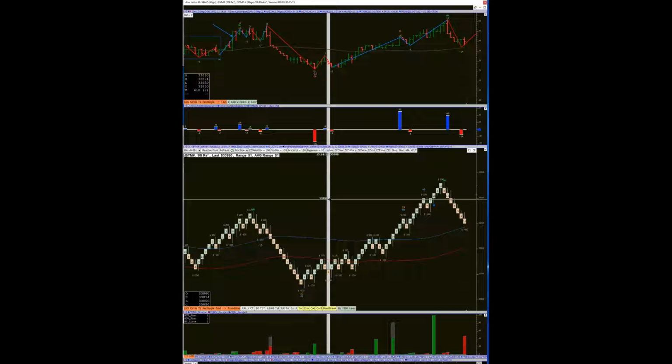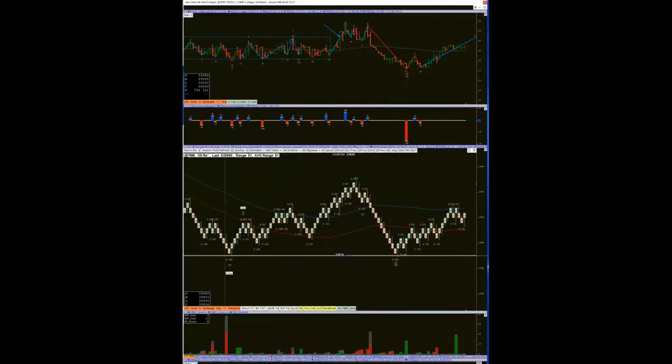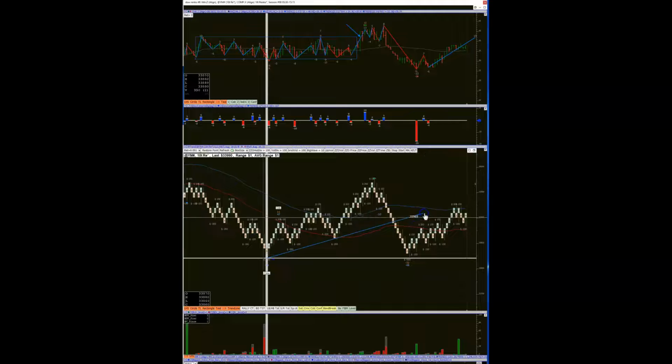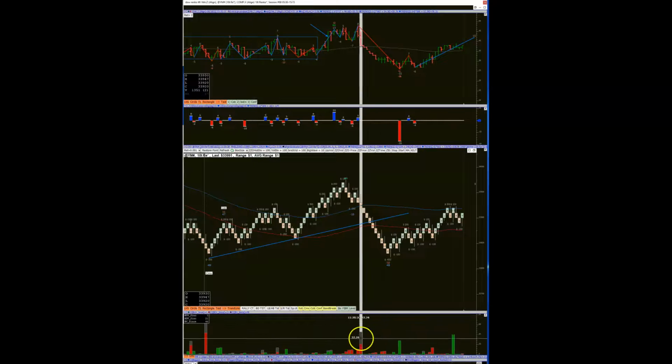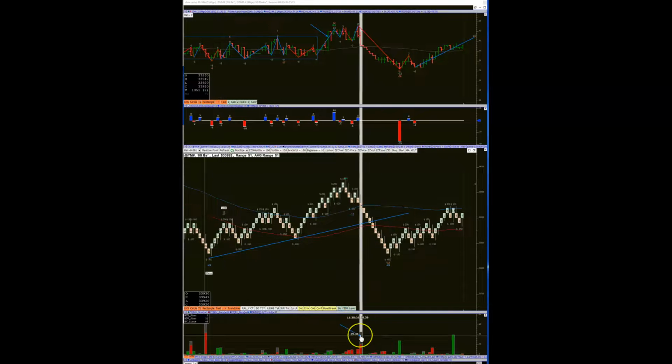But that is not true. You see this selling over here. I could make the case. You took out the trend line. You had volume right here. See that spike? You took out the trend line. You had that volume. What else?